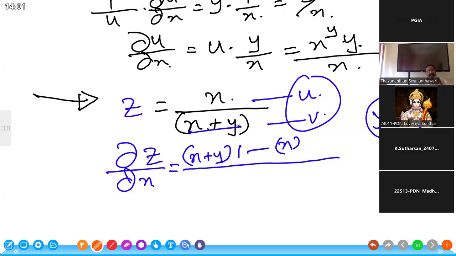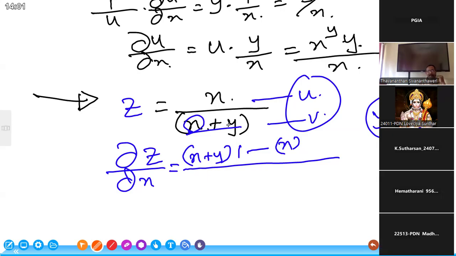If you differentiate the first component x, that is 1. Only 1, sir, because here y is constant. This is a partial derivative. Don't forget.